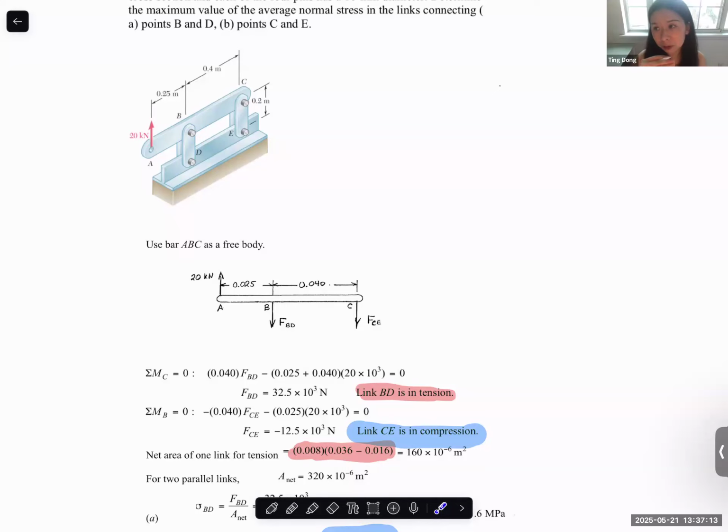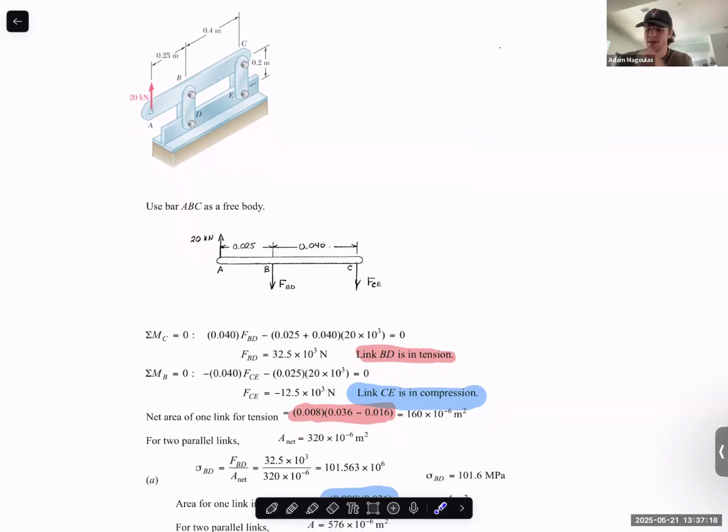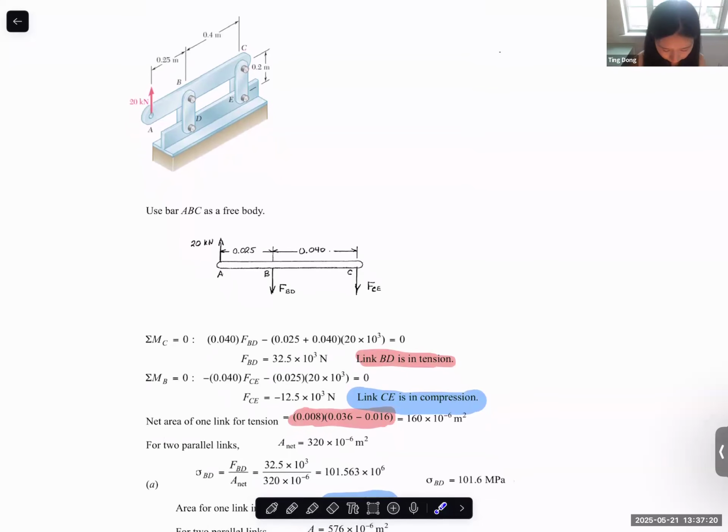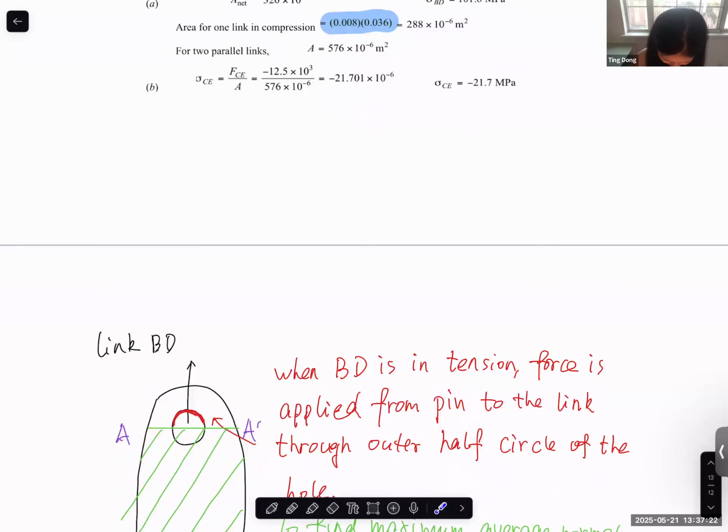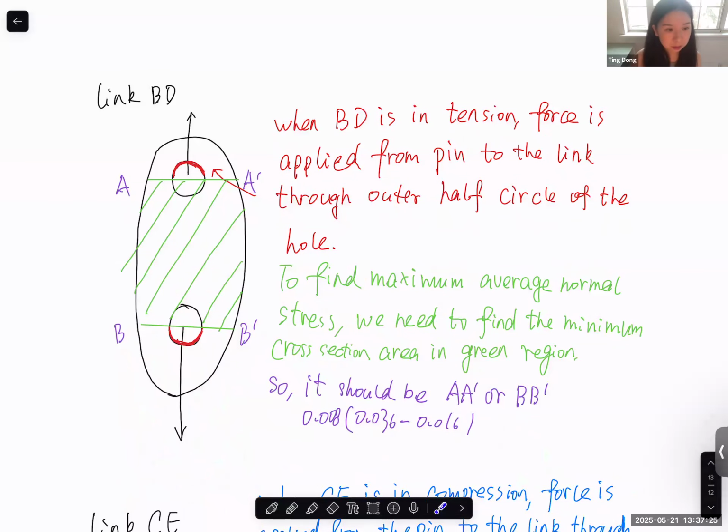That's the contact area. My drawing is not perfect, but you know what I mean.